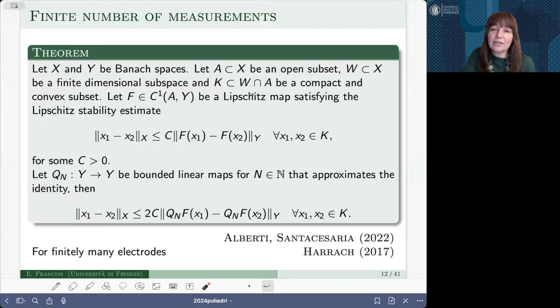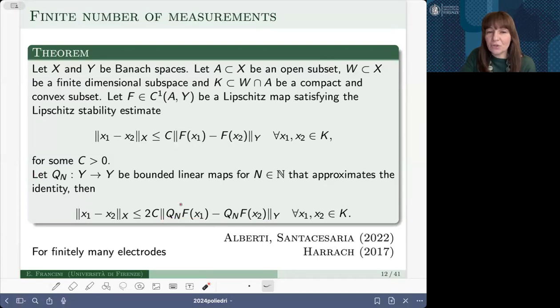They show that if you are more or less in the situation I was trying to describe before, where you have a forward map which is C^1 in an open subset, and you consider this map on a compact finite dimensional subspace, then if you have Lipschitz stability estimates of this kind, you can get an analogous Lipschitz stability estimate by taking a finite number of measurements.